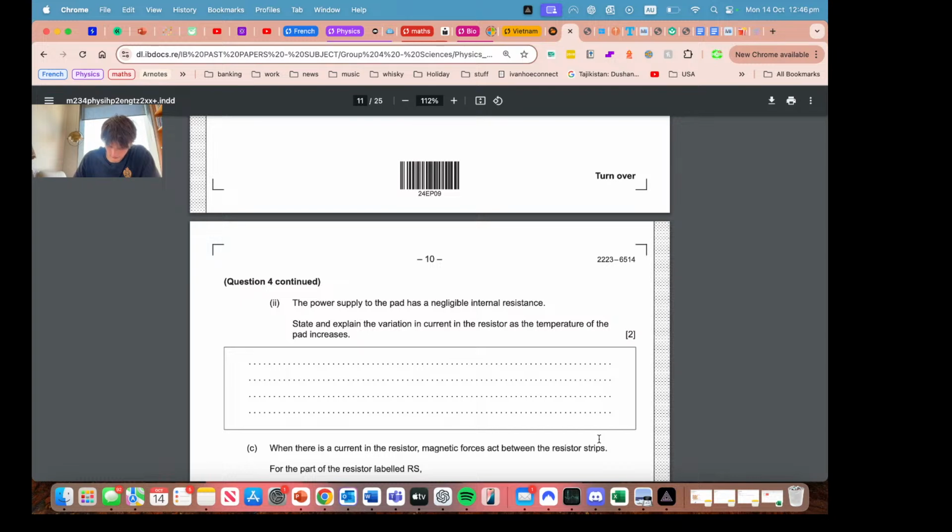So the net magnetic force, so F net is equal to, well, I1 times 2, so F net is, yeah, FPQ plus FTU to the right.